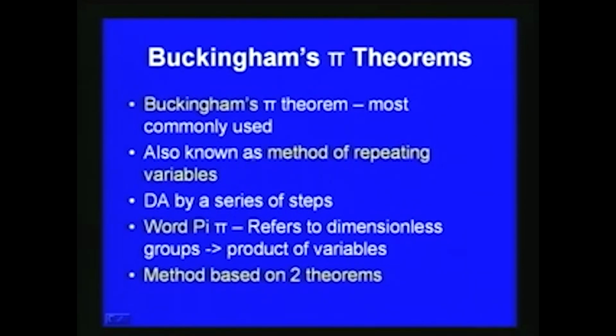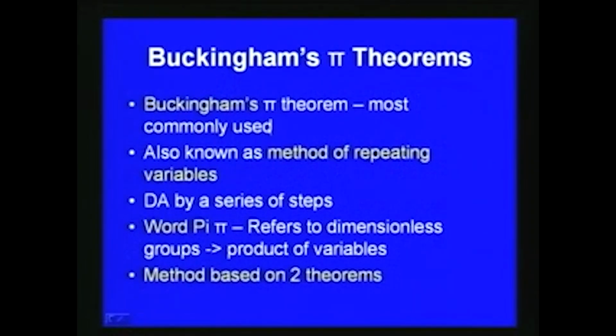When we discuss many problems, say in fluid mechanics, there can be variables that repeat. This aspect of repeating variables is taken care of in the Buckingham pi theorem's method. That is why this method is sometimes also called the method of repeating variables.